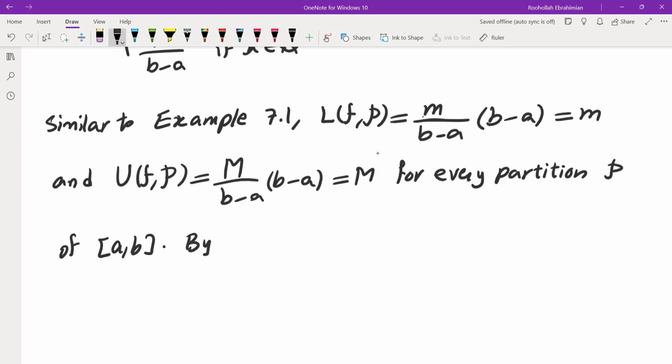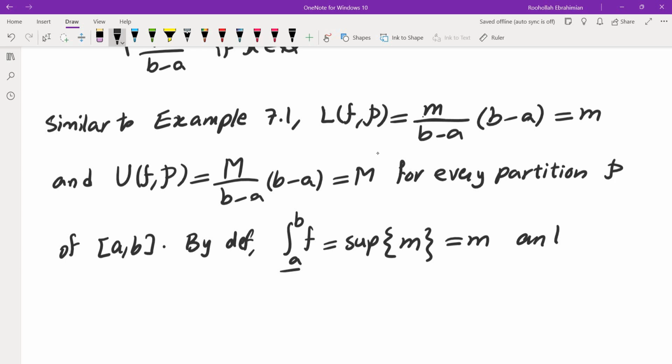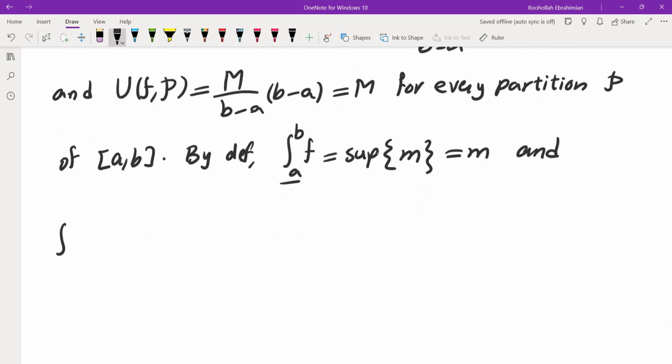Now, by definition, lower integral of f is the supremum of all of the lower sums, which is lowercase m. And upper integral of f is the infimum of all of those upper sums, and that is capital M. And that's exactly what we wanted to prove.